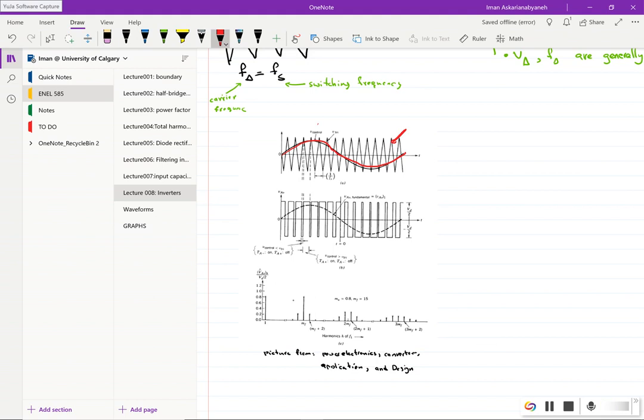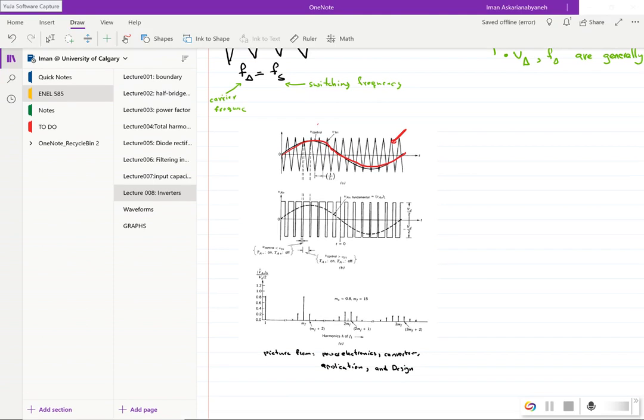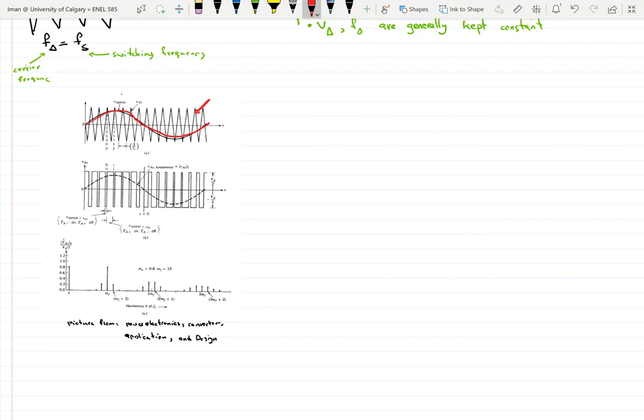So whenever my control signal is greater than the carrier signal, then S1 is on. So whenever this happens, S1 is on and VAN would equal VDC over 2, right?